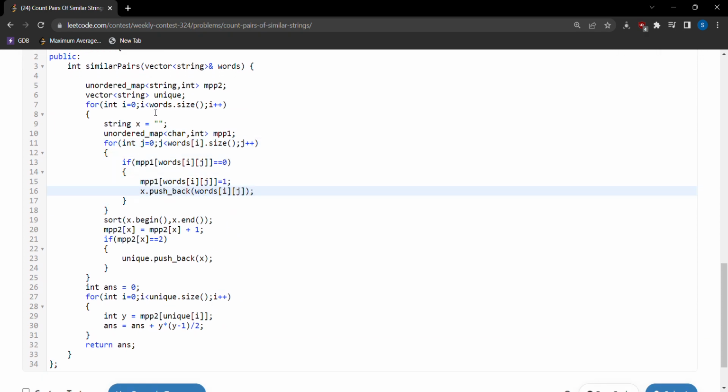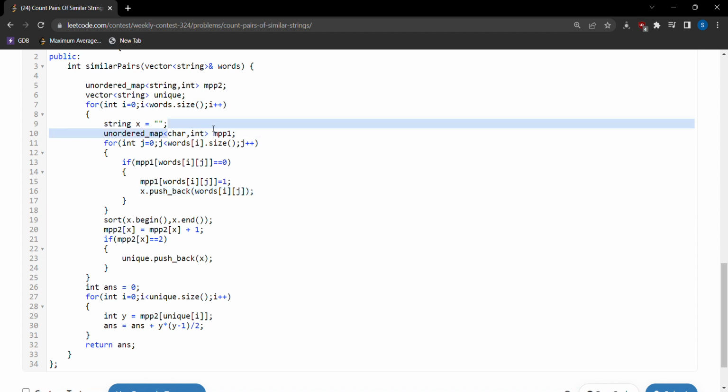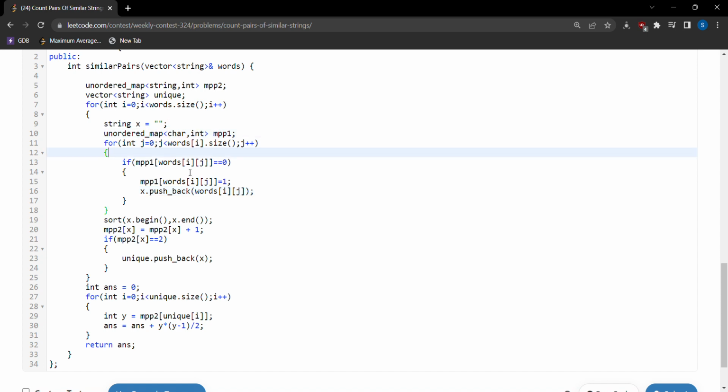Now we'll be traversing each and every word. For the word, we'll be traversing the entire word, and we'll be finding the number of unique characters in that. So for this, I have defined this unordered map. Whenever a new character comes, the mapping of that particular character would be 0.